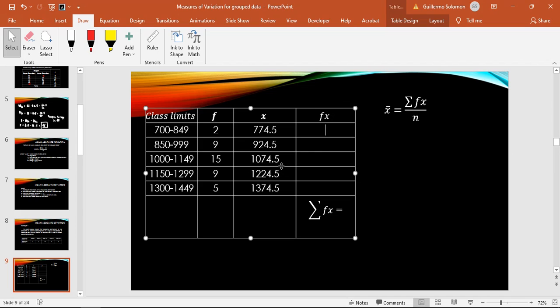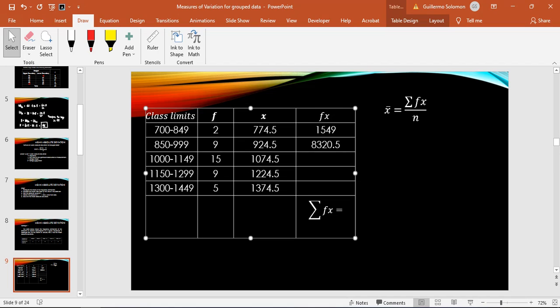So 2 times 774.5, that is 1,549. Okay, you can double check it. So 9 multiplied by 924.5, that is 8,320.5.